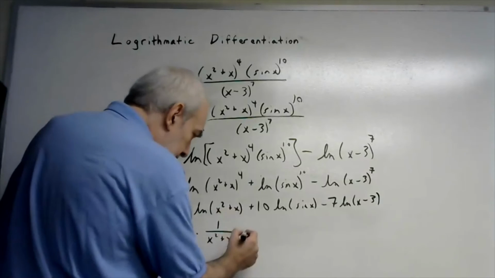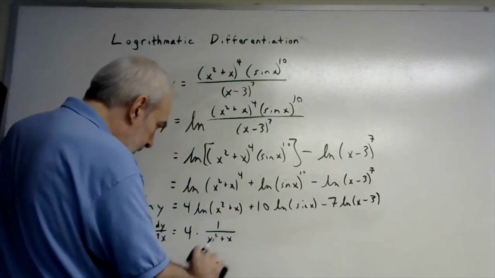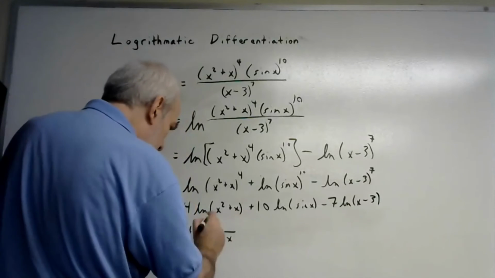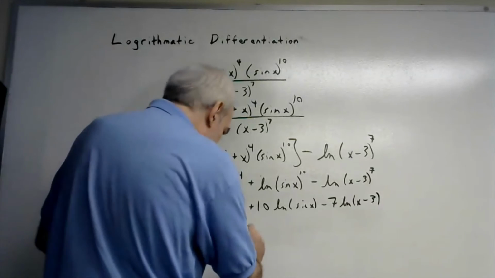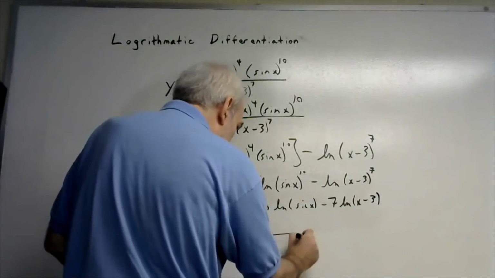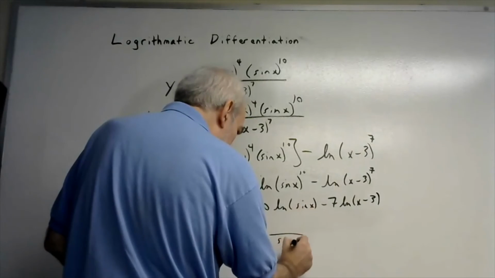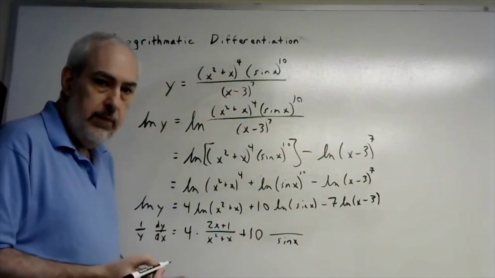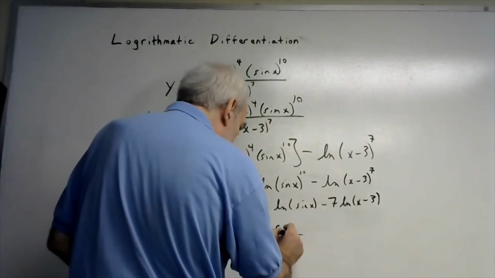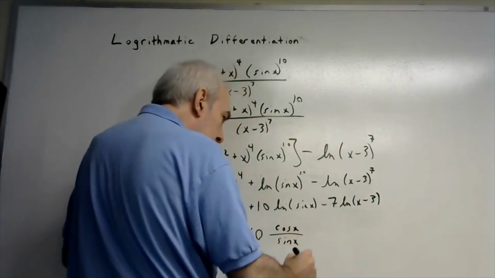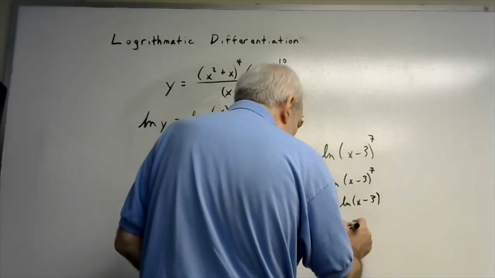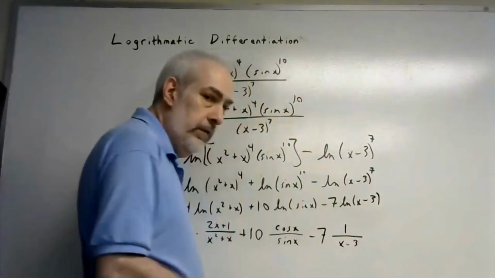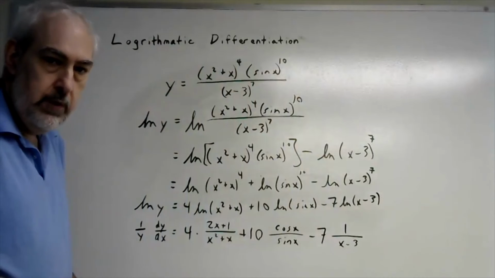And instead of putting times 2x plus 1, it's just quicker to put 2x plus 1 in the numerator like that. Then plus 10, and then we have 1 over sine x, and then times the derivative of sine, which is cosine. Once again, I'll just put that on top. And then minus 7 times 1 over x minus 3. And the derivative of the top is just 1, so just put a 1 there.